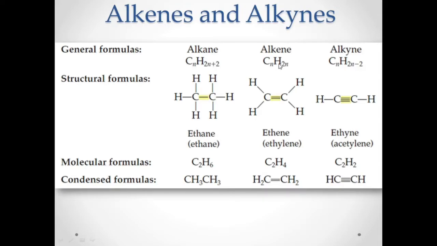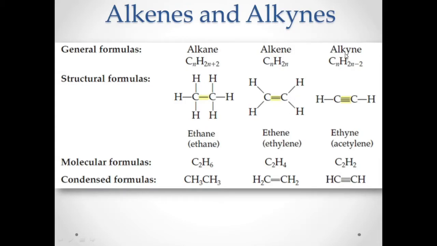So you have a carbon to carbon double bond for alkene. You will know that this compound is an alkene if you can see a carbon to carbon double bond. So that is ethene. The IUPAC name is ethene, while the common name is ethylene.